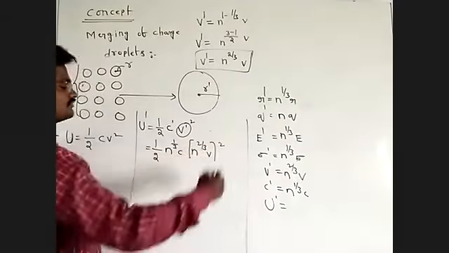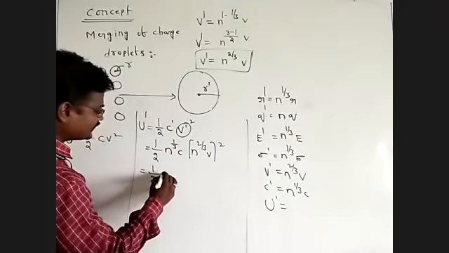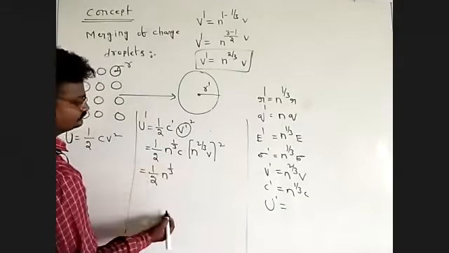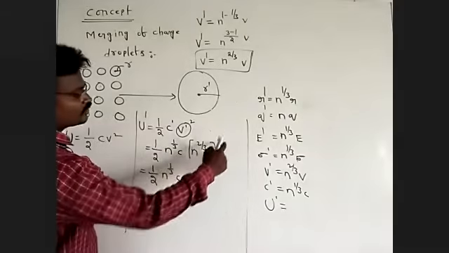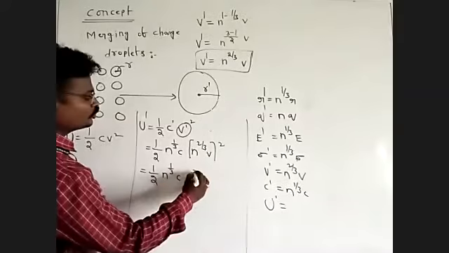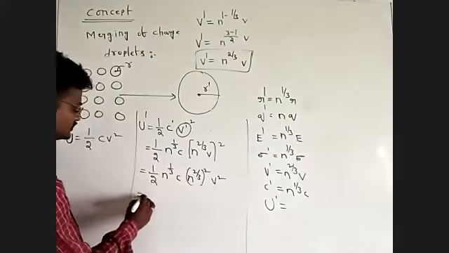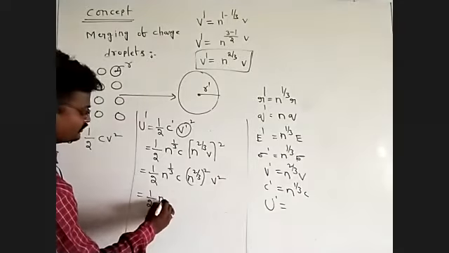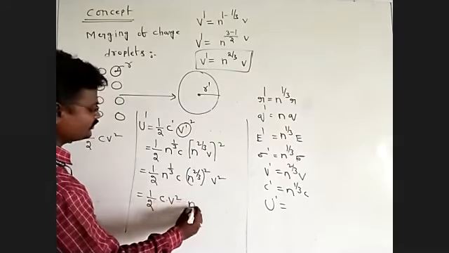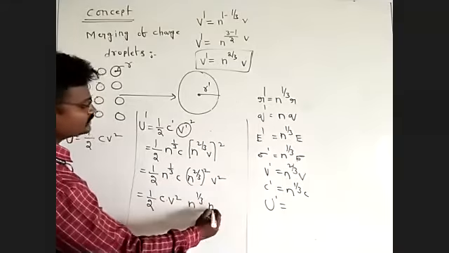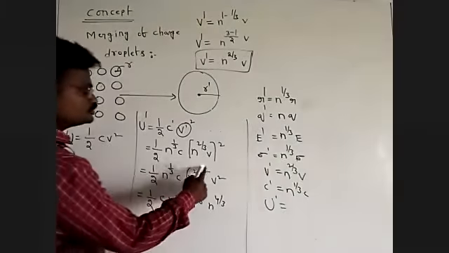That is equal to 1 by 2 N power of 1 by 3 into C, and N power of 2 by 3 whole square into V square. So this is 1 by 2 N power of 1 by 3 into C into V square into N power of 4 by 3, since 2 into 2 by 3 is 4 by 3.